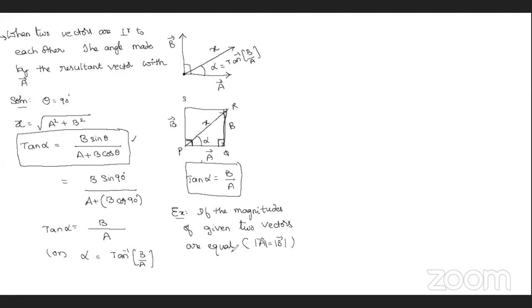See here, if you go in a hurry, I think you will tell the wrong answer. Once you look at the question, the magnitudes of given two vectors are equal. And the angle between the two vectors, I'm saying theta.